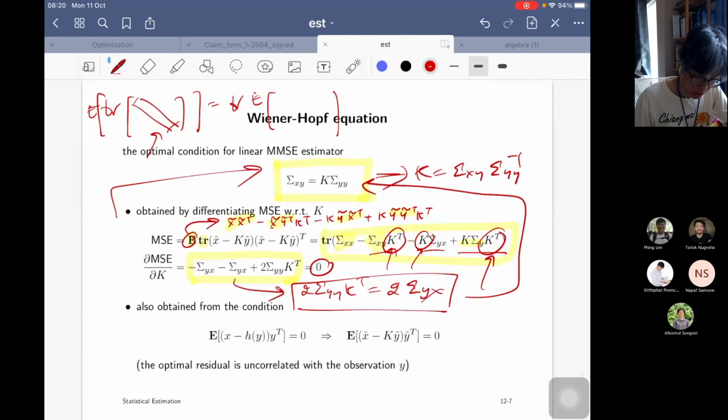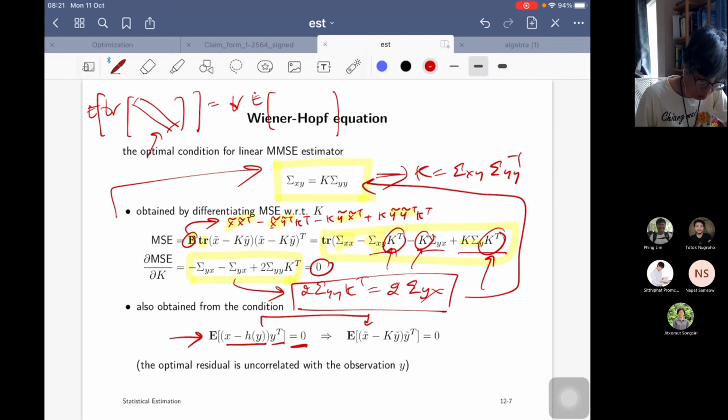The interpretation of the Wiener-Hopf equation is that it can also be obtained from this condition: the expectation of x minus hy times y transpose equals 0.